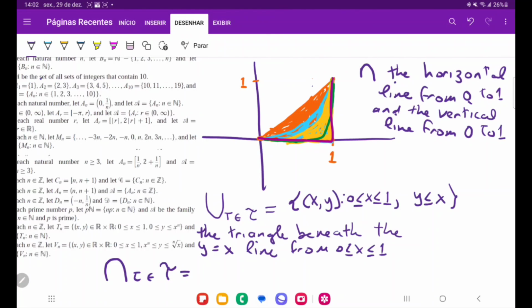So this is kind of informally describing it. Once we've gotten this notion, let me just highlight it again: the intersection is going to be just this line here and this line. That's what they're all going to have in common.